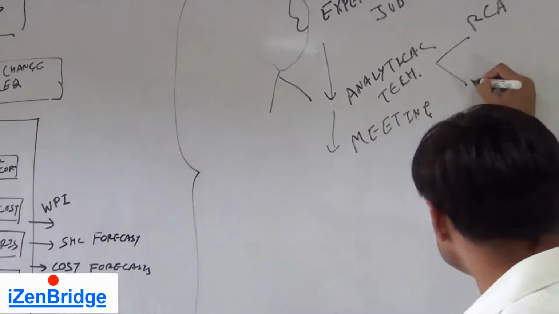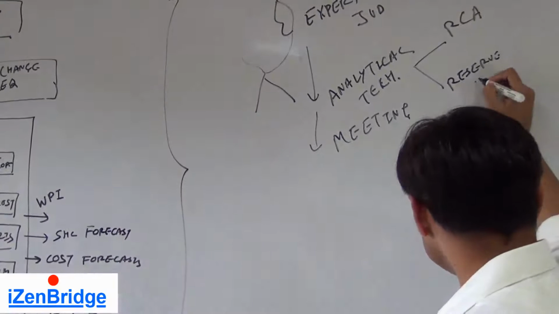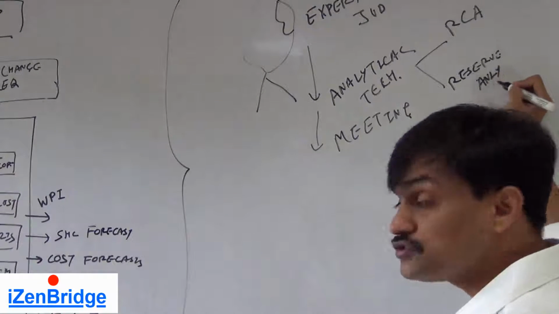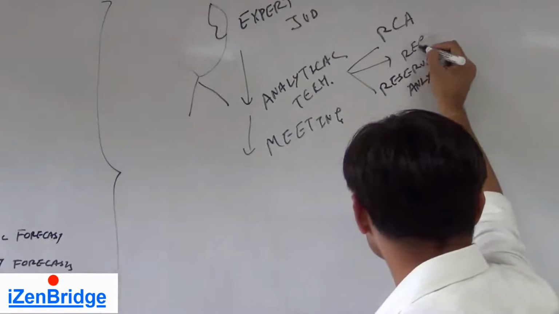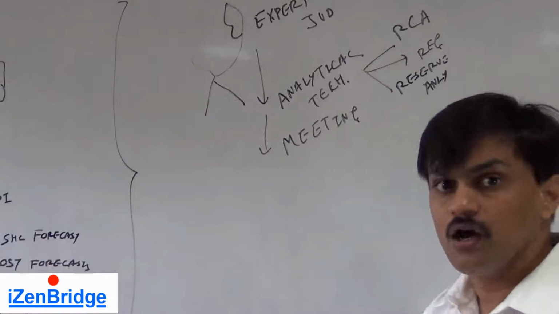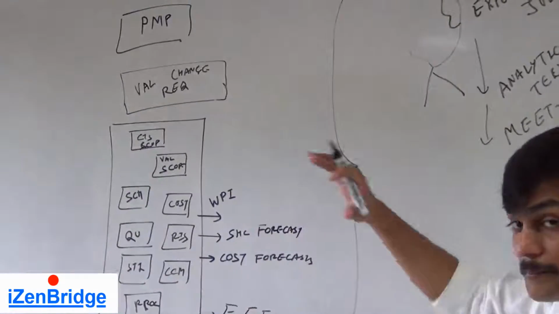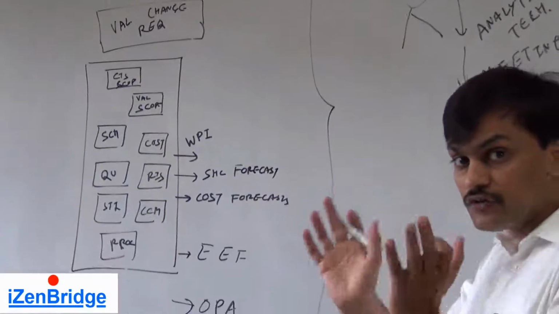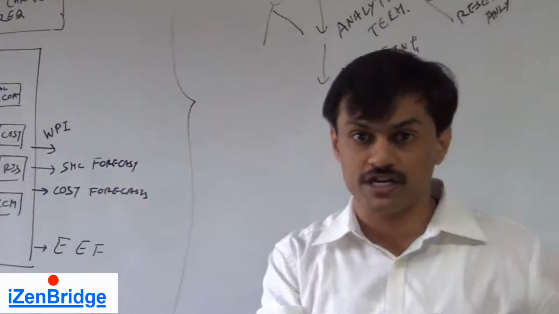They may do a reserve analysis, where, looking at the status, they identify what kind of reserves we need or how much reserve we have consumed till now. They may also do a regression analysis. Various forms of analysis can be performed related to time data, where the information coming out of these gets compiled, analyzed and converted into a consolidated status where we know the direction the project is moving in.